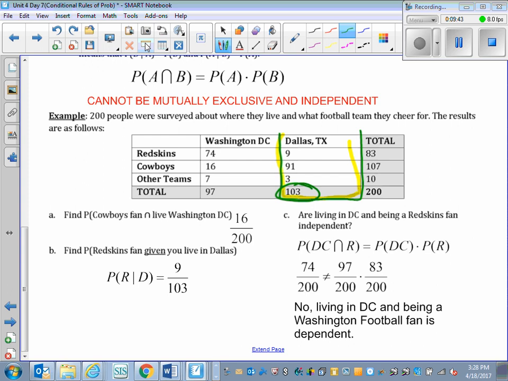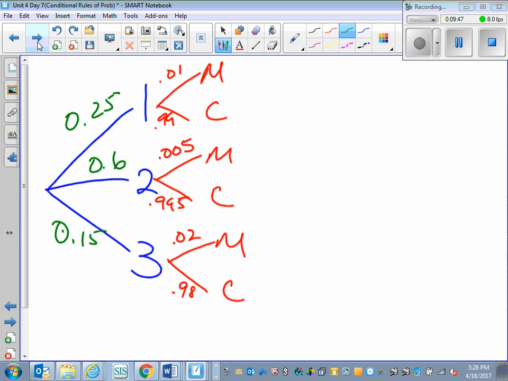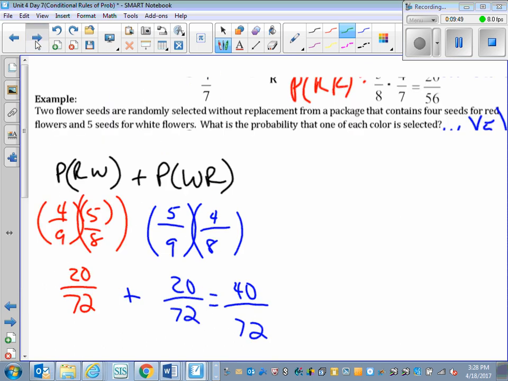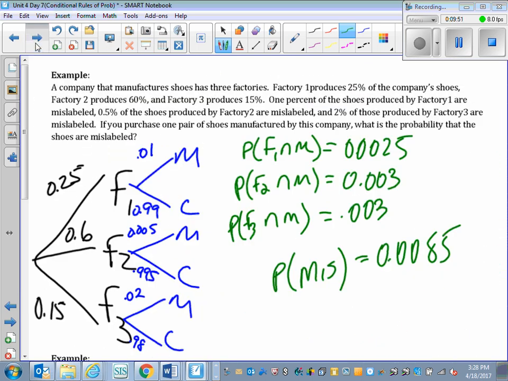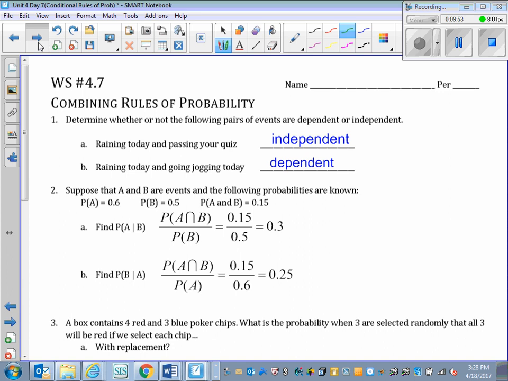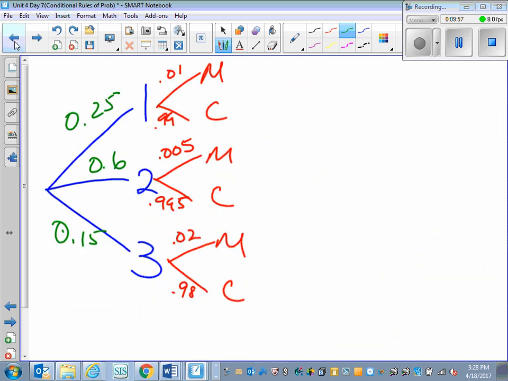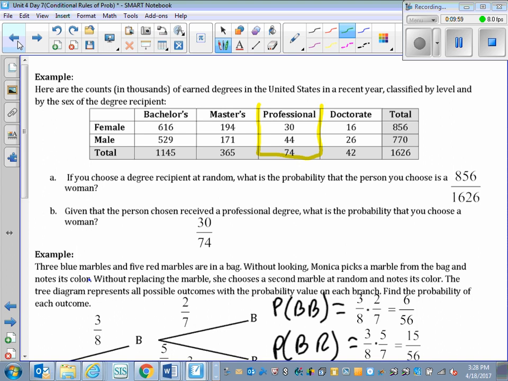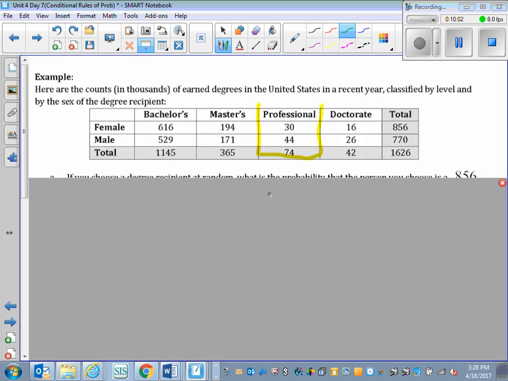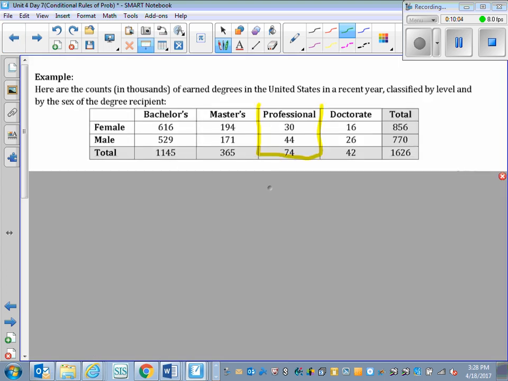All right, let's take a look at the next example. Okay. So you see the table.